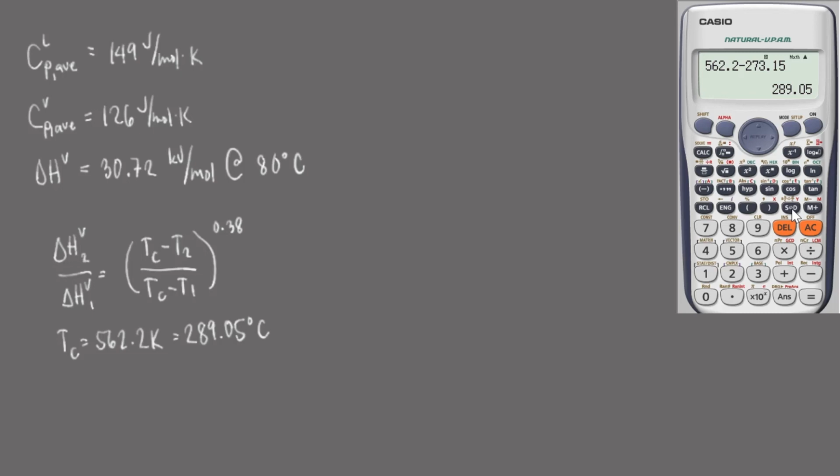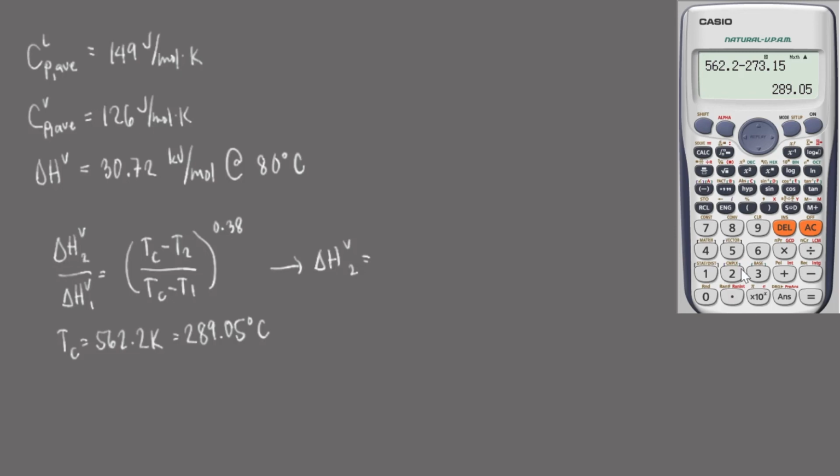Delta HV1 can be the value of the enthalpy of vaporization at the normal boiling point. That is paired with T1 as the normal boiling temperature. Therefore, our T1 is 80 degrees Celsius. Our T2 is our saturation temperature, 142.8 degrees Celsius. And then we can solve for delta HV2.